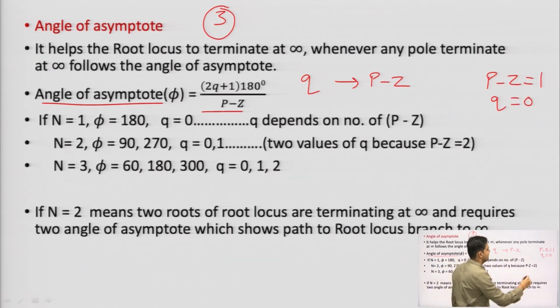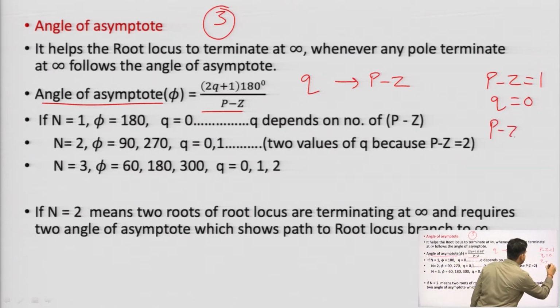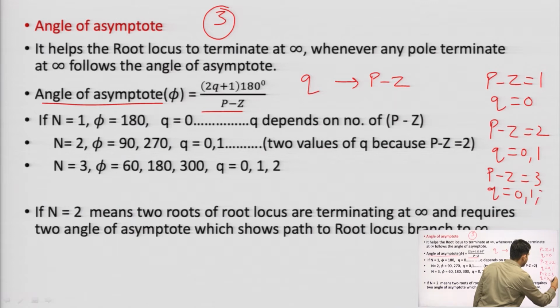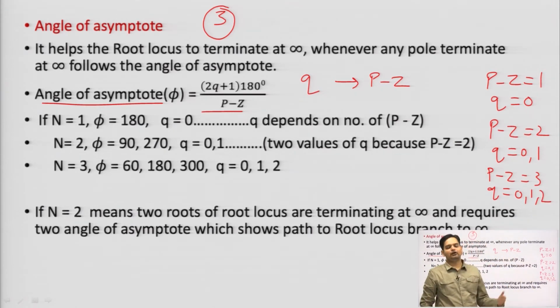If p minus z is 2, q will have 2 values, that is 0 and 1. If p minus z is equal to 3, then q will have 3 values, that is 0, 1 and 2. So, depending on the value of p minus z, q will be determined and that will give us the angle of asymptote.